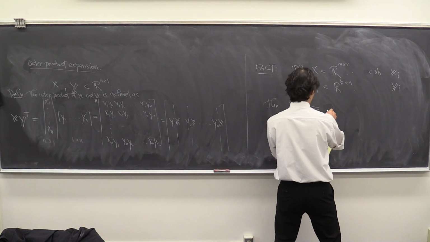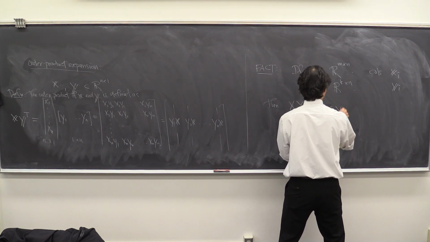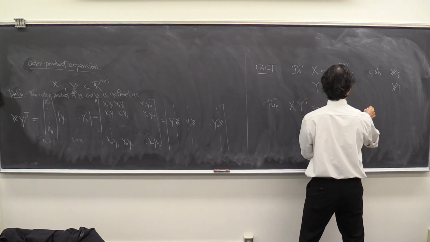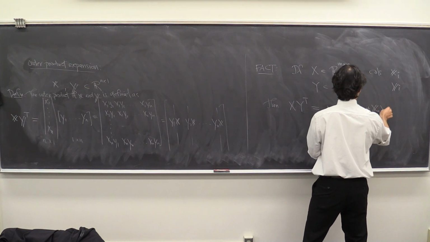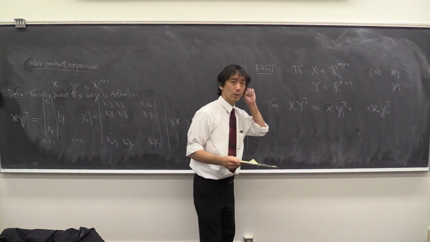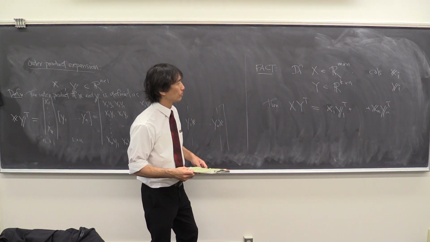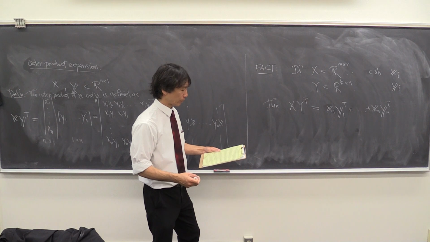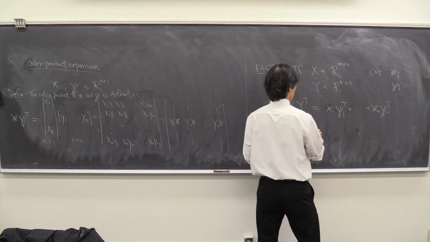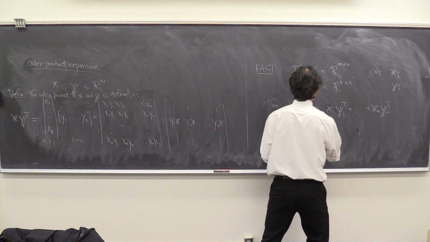Then this actually turns into the sum of the outer products of the corresponding columns. So it's sort of like a sum of outer products.